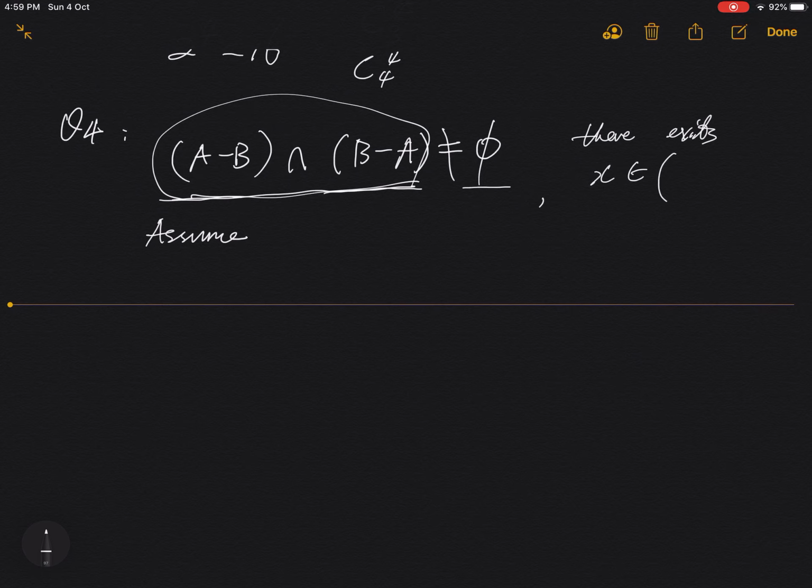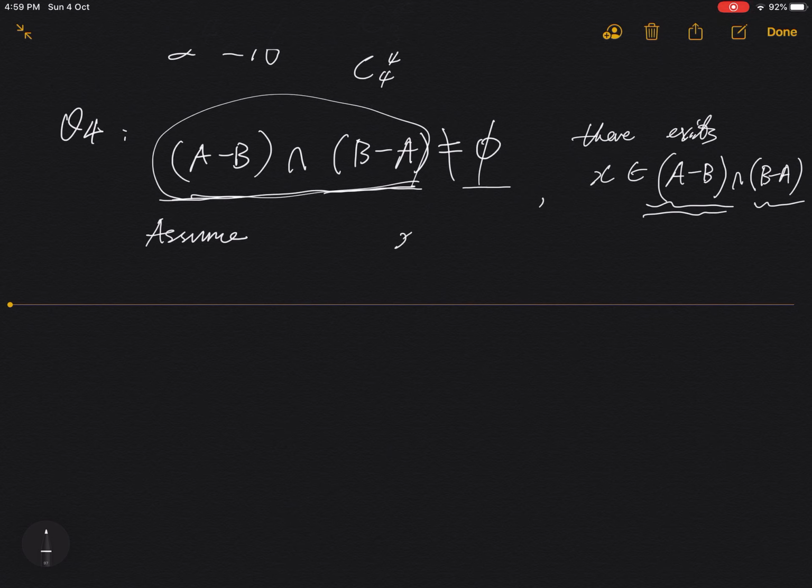So X is in this set. This means X belongs to A minus B and B minus A at the same time.